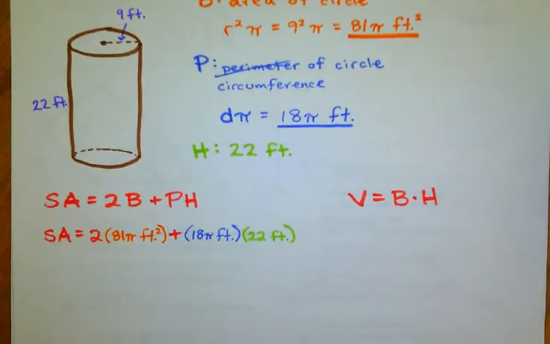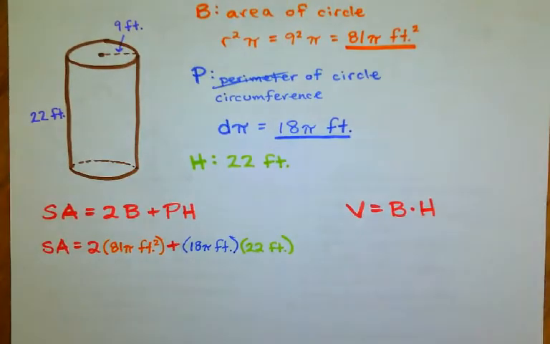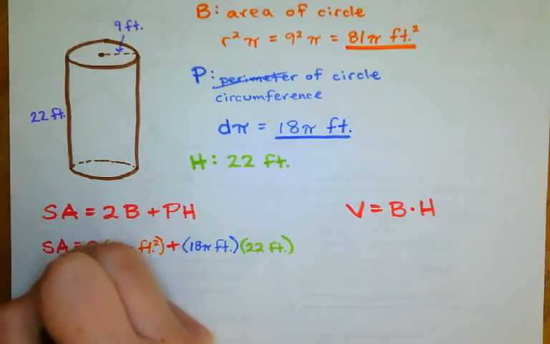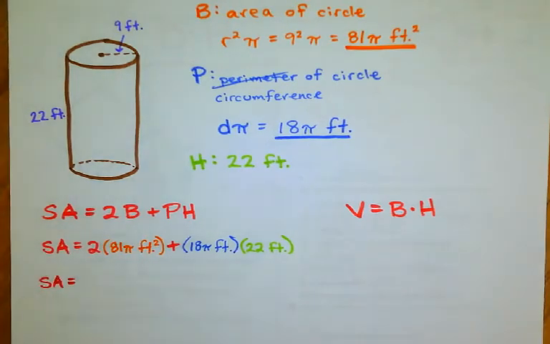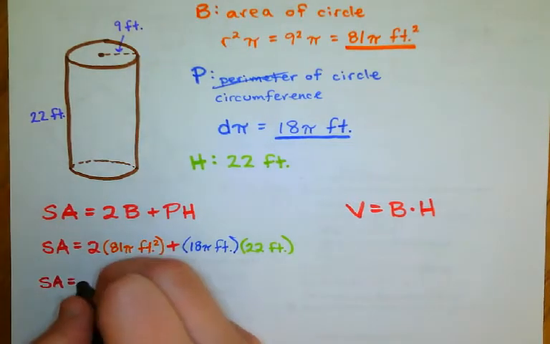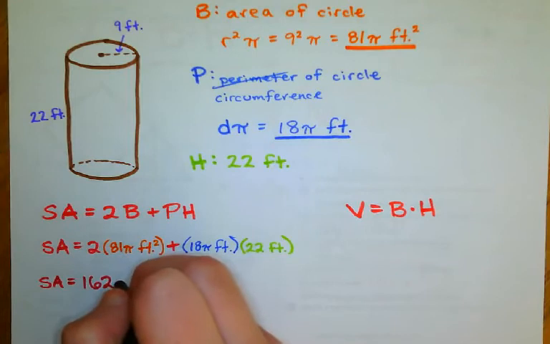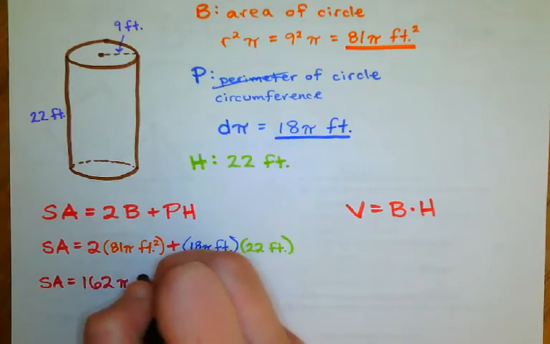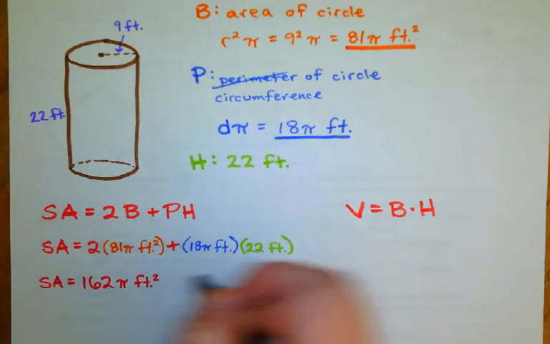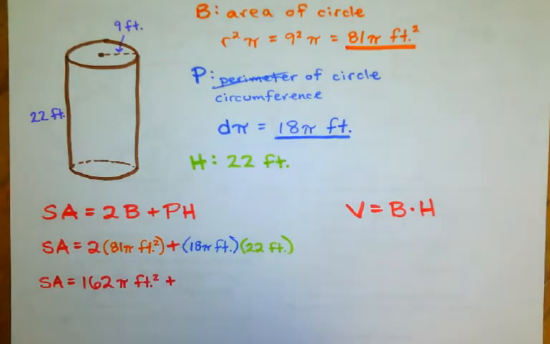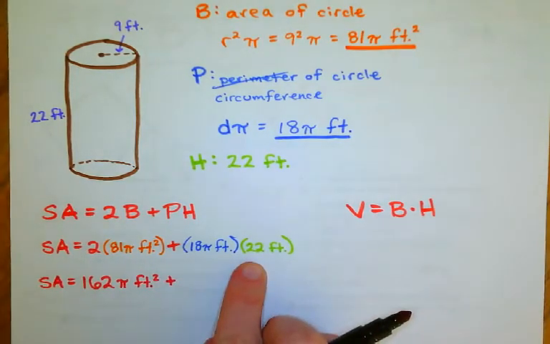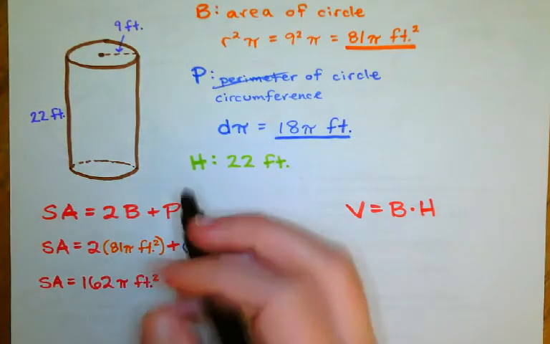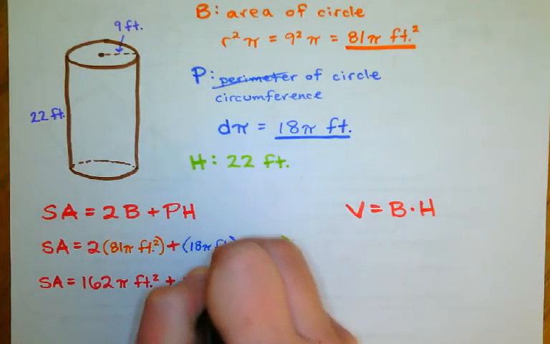Alright? So, putting all this into our calculator, 2 times 81 is 162. And then I'm just going to leave pi feet squared next to it. Plus 18 times 22 is 396.